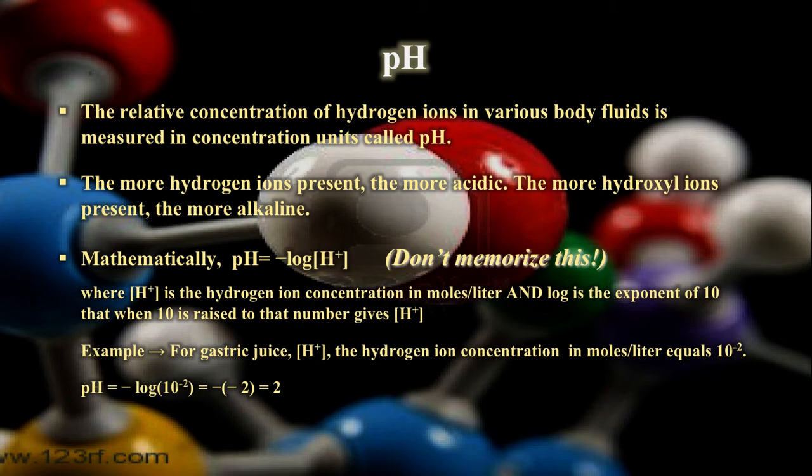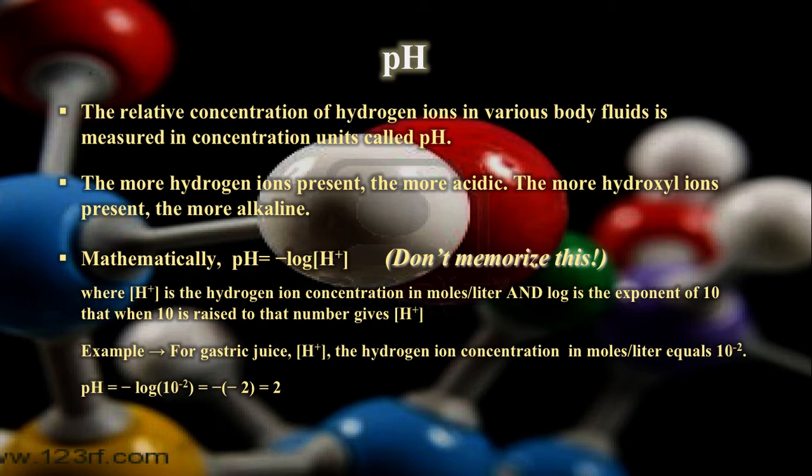What is this in scientific notation? 10 to the negative 8. Okay, if we plug it into our equation, that's negative log 10 to the negative 8, which is going to give us negative 8, which is a pH of 8.